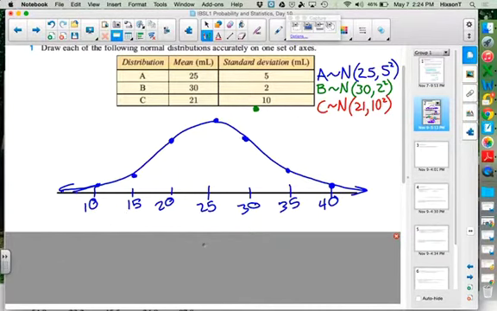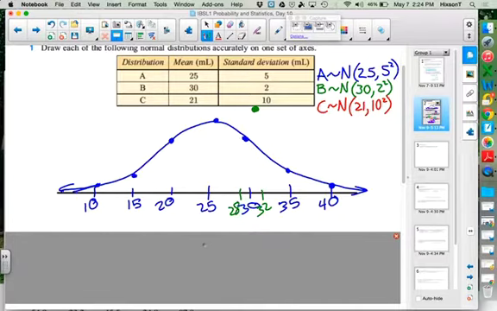There we go. Our highest point is going to be here at 30. How about our first standard deviation? How far is that going to be? 2 away. So it'll be at where and where? 32 and 28. 32 and 28, yeah.